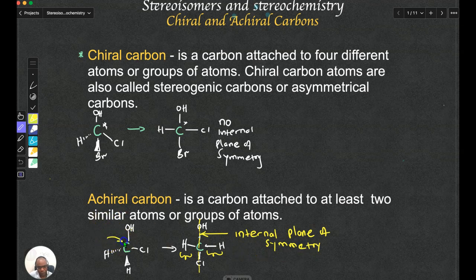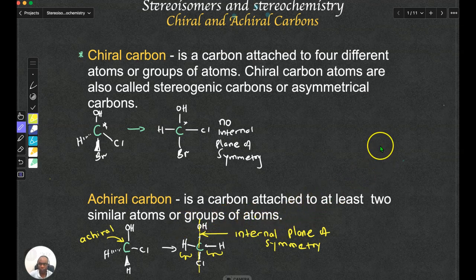I will not mark it with an asterisk because we usually mark with an asterisk to refer to one that is chiral. That is achiral because there's an internal plane of symmetry. Okay, so achiral carbon is a carbon attached to at least 2 similar groups or 2 similar atoms or groups of atoms.